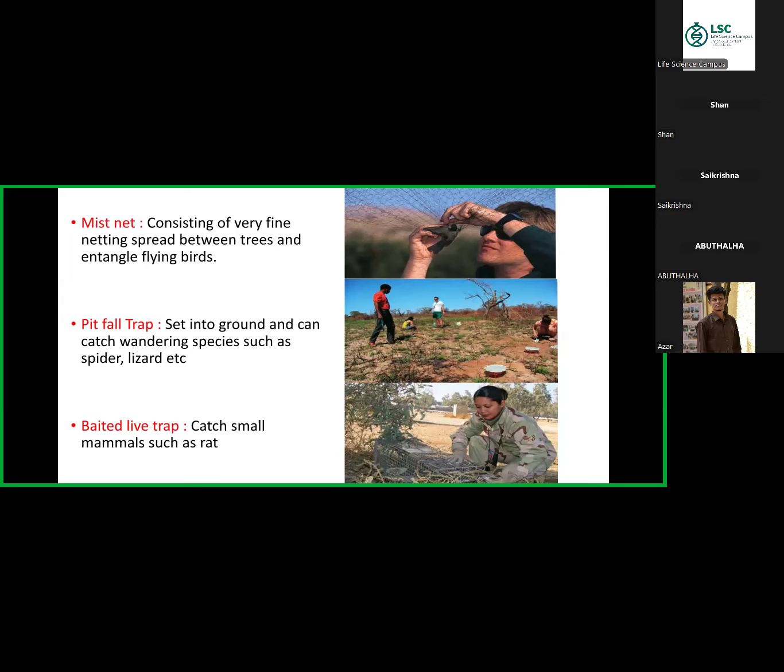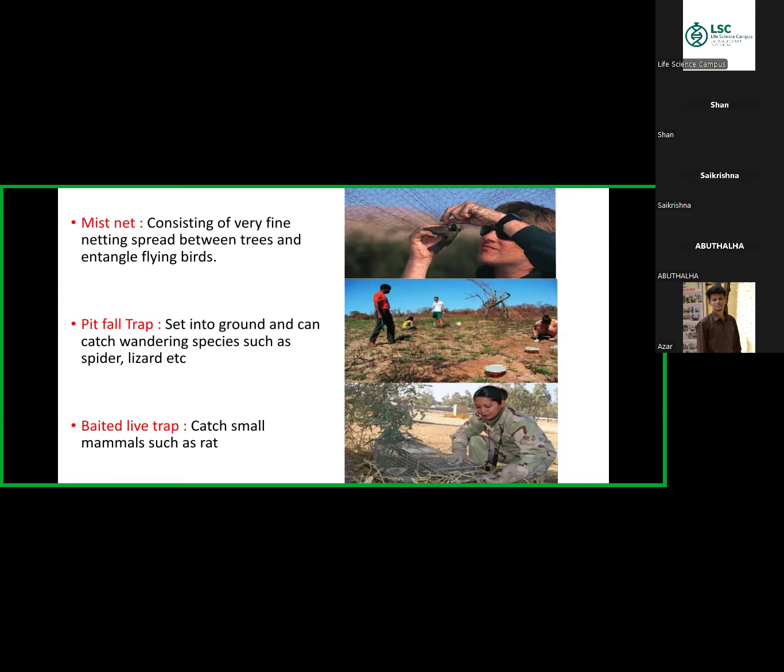Then baited live trap is used for catching small mammals such as rat. It is usually used in our houses too. Baited live trap means inside this trap, the food for that organism will be placed.